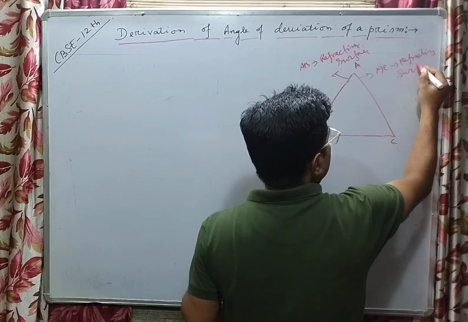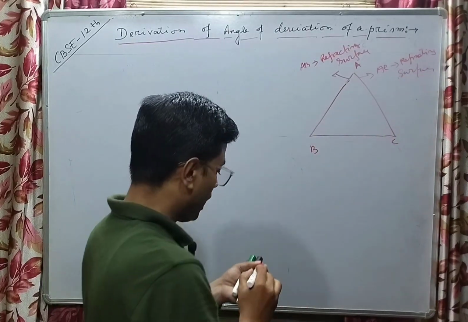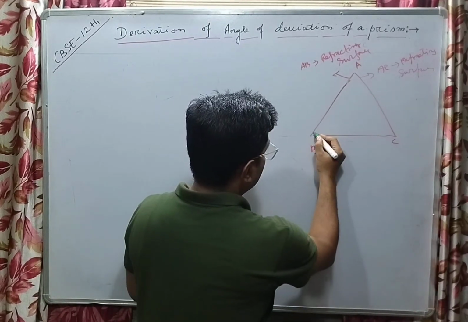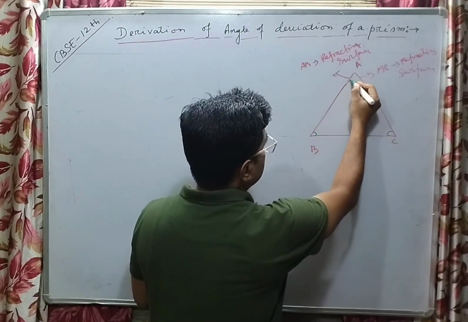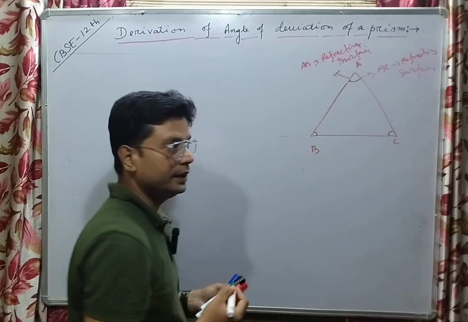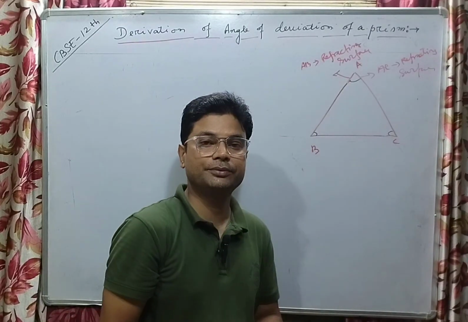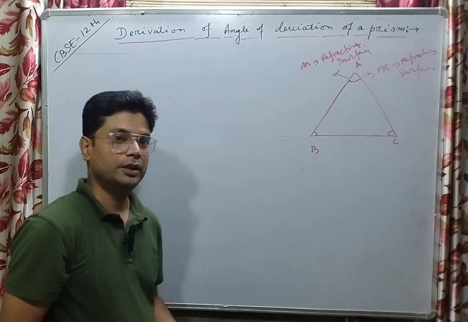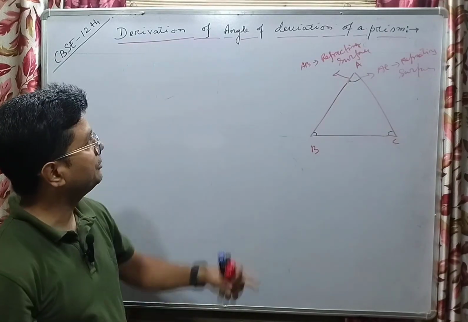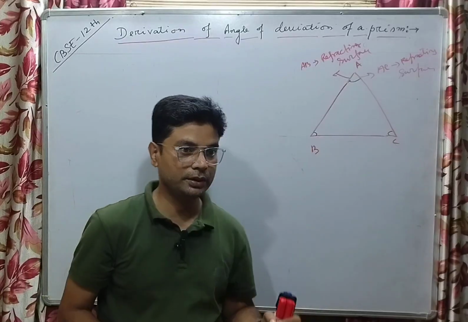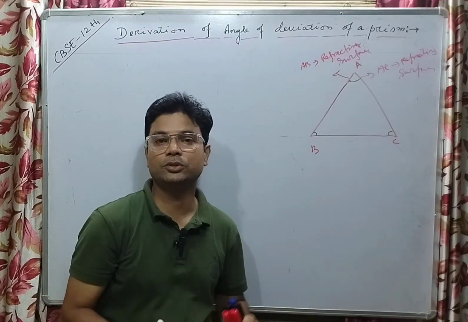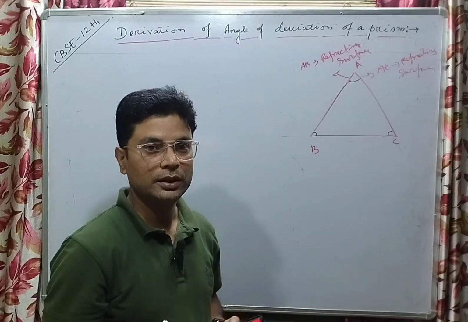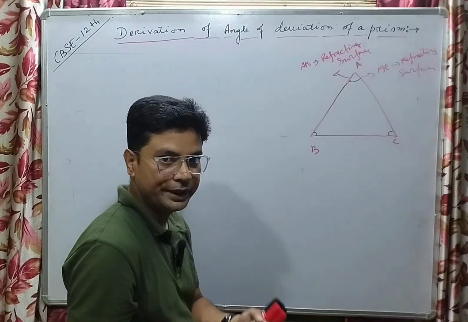Now students, angle B, angle C, and angle A, all these angles are angles of the prism. In the derivation of angle of deviation of a prism, the angle of prism is also a vital factor. Let's see how it is.